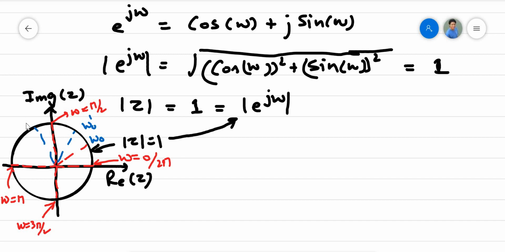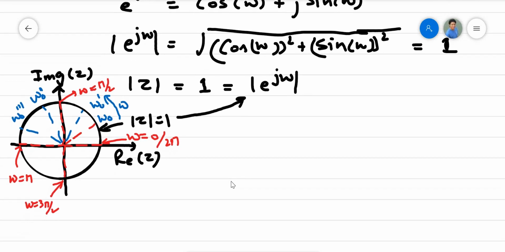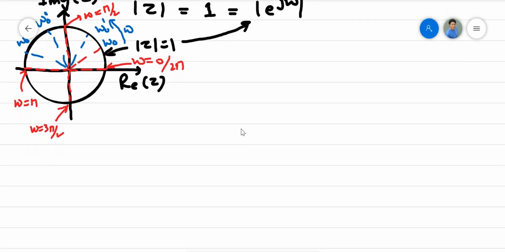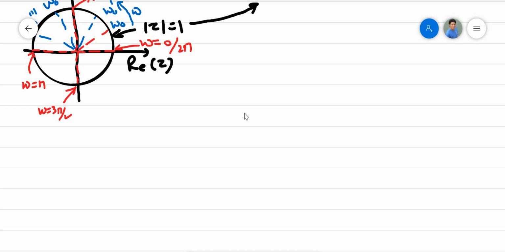So it has different values of omega, omega 0, then omega 0 dash, omega 0 double dash, and then omega 0 triple dash. So it's a continuous increment in omega along this unit circle, right? It is very important to understand this particular point, then we can realize the system which is represented in Z transform for the frequency domain analysis, because we are accustomed to analysis with omega, as we represent frequency with omega or f.